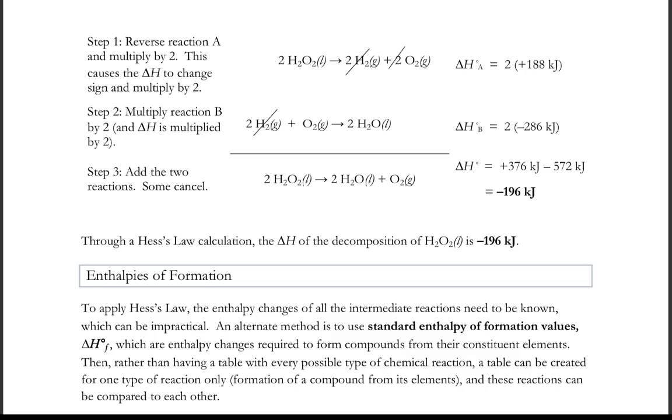And when we add those reactions together, we get our overall reaction, the one we were after, 2H2O2 forming 2H2O plus O2. So now we have delta H sub A and delta H sub B all set up. All we do is the multiplying, the adding, subtracting, and we get the delta H for our reaction of interest to be negative 196 kilojoules.